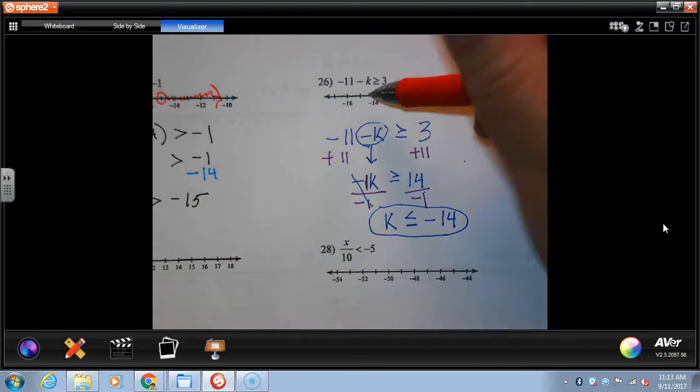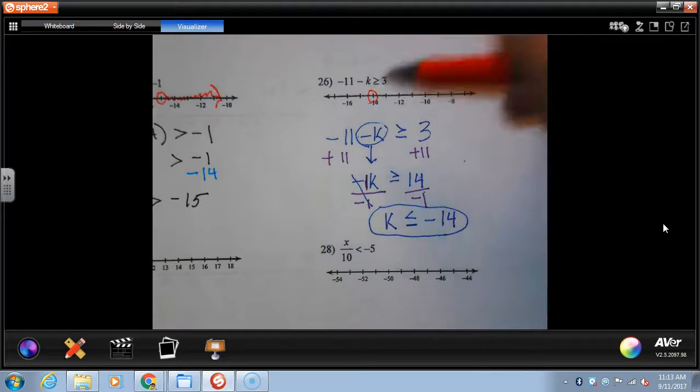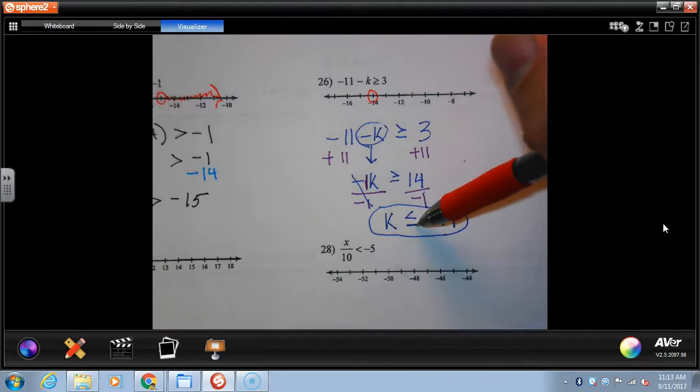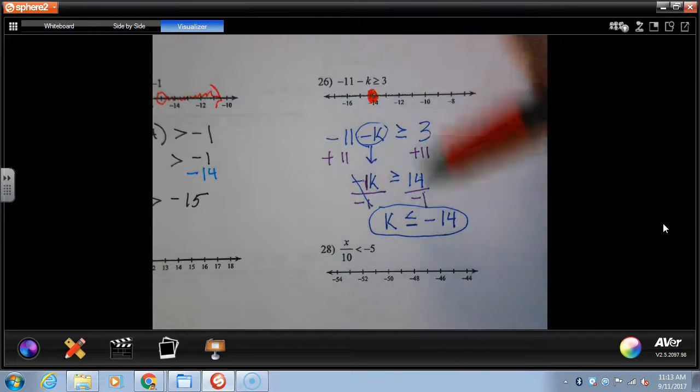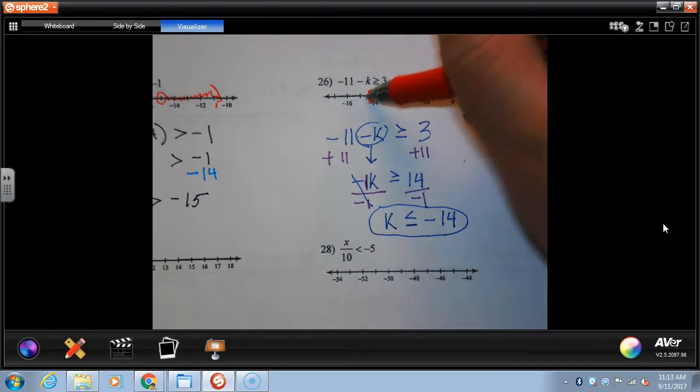My circle's at negative 14. I have to close it because of that equal sign. Shade it in. And then I'm going to shade my number line to the left.